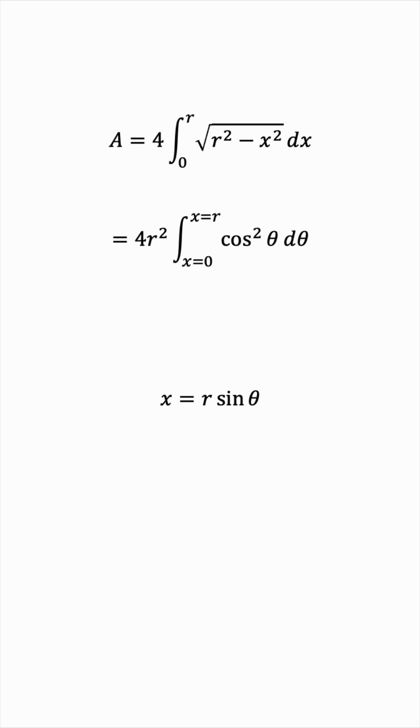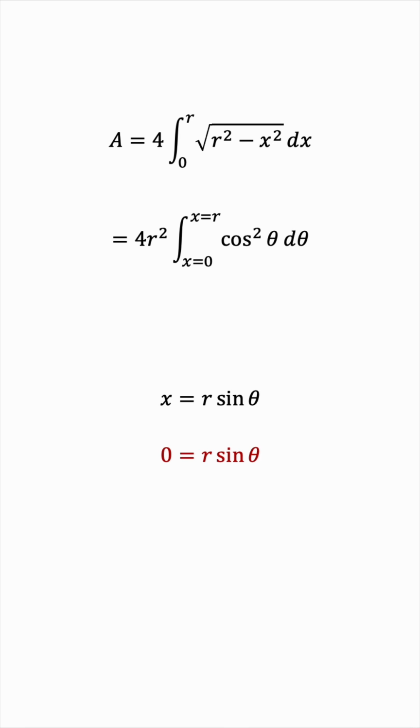But now notice that the bounds of integration are in terms of x, not theta. To convert them to theta, we'll use the substitution we used. When x is equal to 0, either r or sine theta must be 0. But we know that r is the radius of the circle, so this cannot be 0.